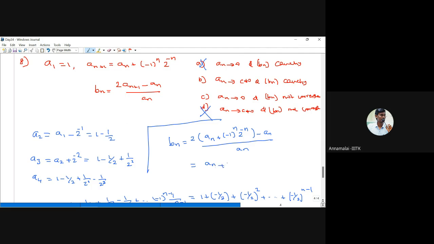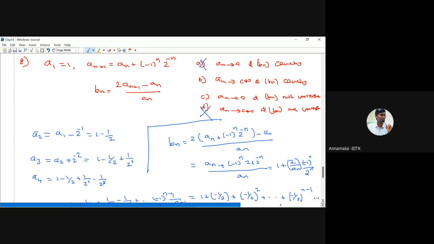Plus, already we have 2, therefore minus 1 power n times 2 into 2 power minus n, whole divided by an. If we cancel an, we get the first term, 1 plus 2 by an times (minus 1) power n by 2 power n. We can cancel 1, 2, we can put 2 power n minus 1 anyway.